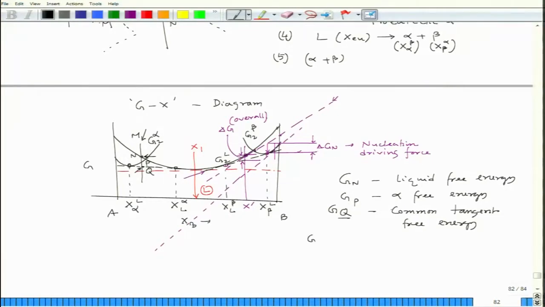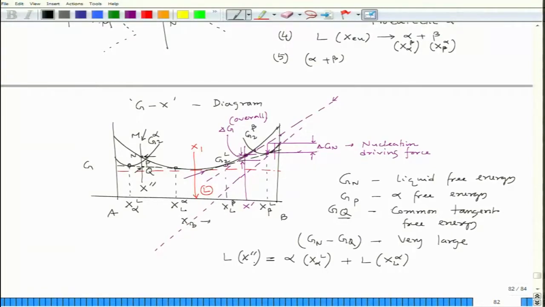That means Gn minus Gq is very large, and at that time I am going to get alpha of composition X alpha plus liquid of composition X liquid, which comes from liquid of composition X double prime.